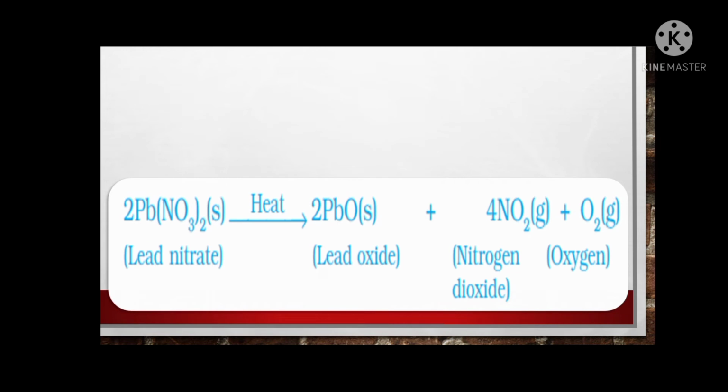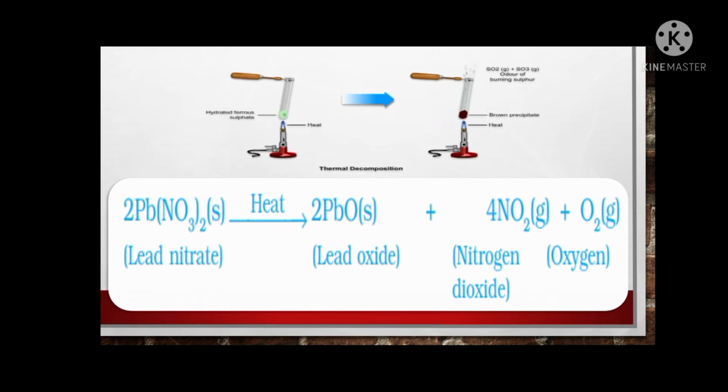One more example regarding thermal decomposition is lead nitrate, which on heating produces lead oxide, nitrogen dioxide, and oxygen. This can be performed using a test tube holder, burner, and lead nitrate. One can easily understand the decomposition reaction by heating.